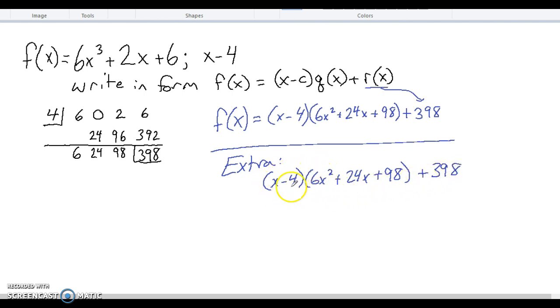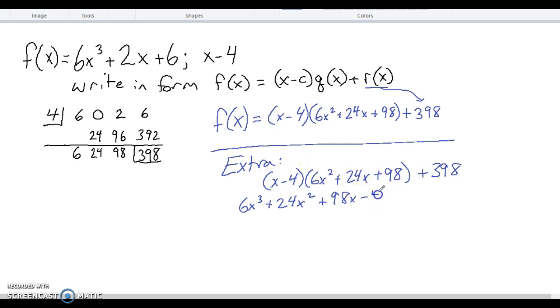And let's see. X times 6x squared is 6x cubed. Well, so far so good. X times 24x is 24x squared. X times 98 is 98x. And that's distributed through. So now negative 4.